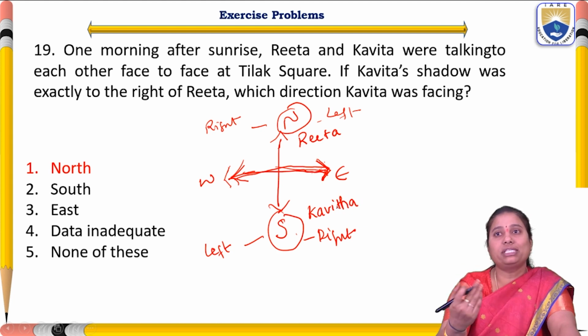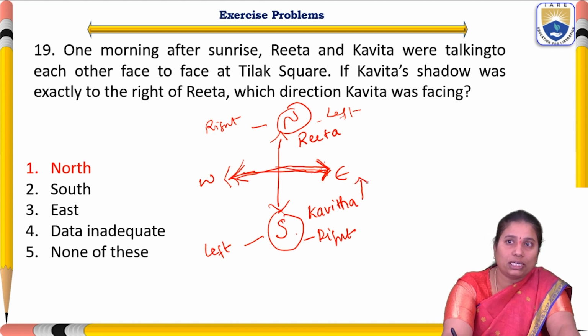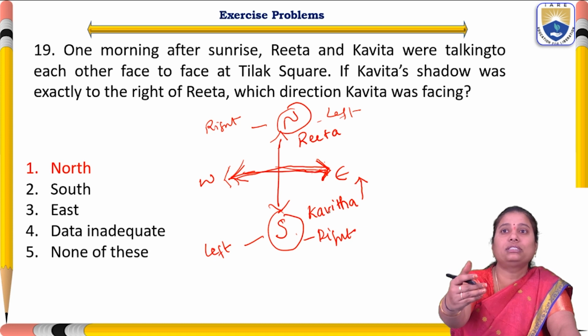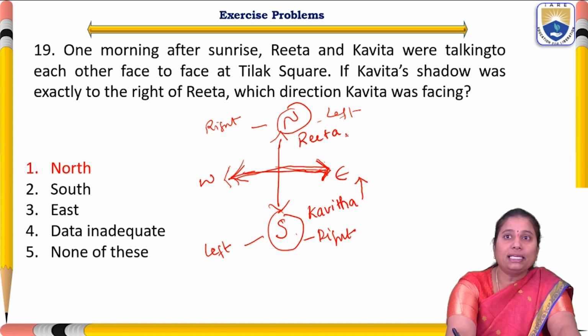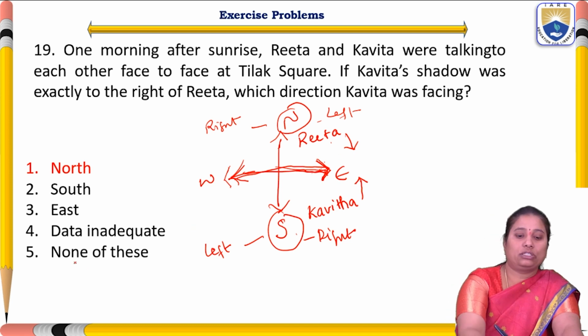So face to face they are facing each other, so Kavita is facing the north direction because she is facing Rita, whereas Rita is facing Kavita, so Rita is facing the south direction.